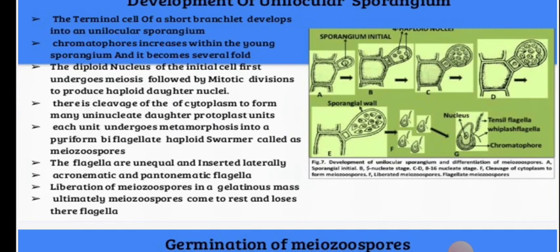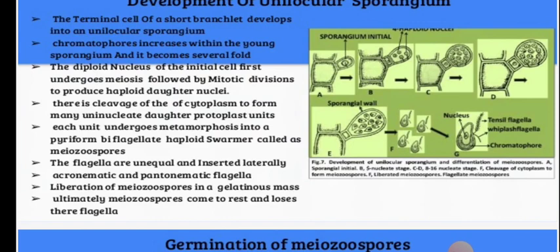There is a cleavage of the cytoplasm to form many uninucleate daughter protoplast units, and each unit undergoes metamorphosis into a pyriform biflagellate haploid swarmer, and it is called the meiozoospore.